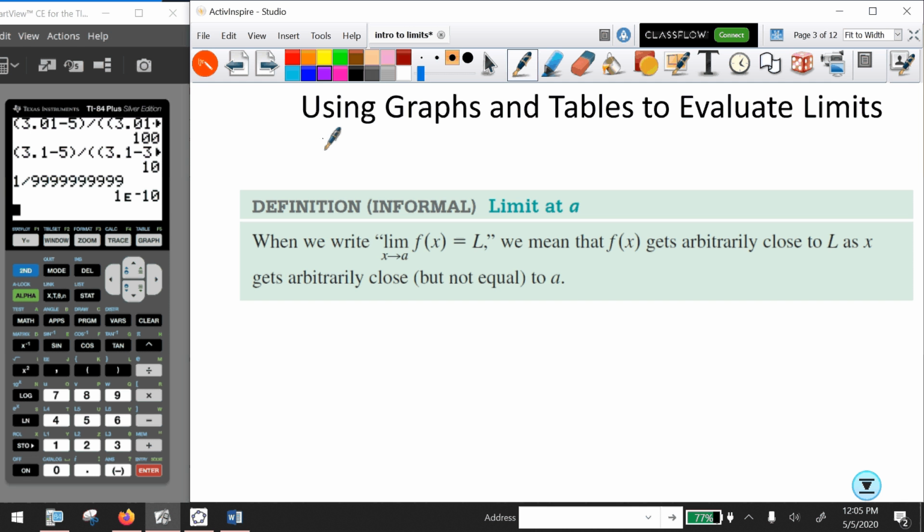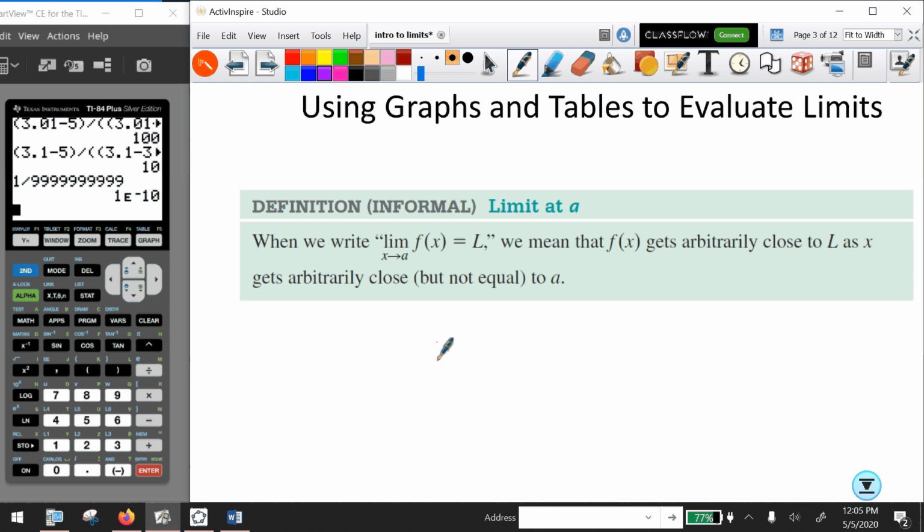When we write the limit of x approaching a for the function f of x is equal to L, we mean that f of x gets arbitrarily close to L as x gets arbitrarily close to but not equal to a. This is a pretty informal definition of a limit, and we've actually kind of used limits all year when we describe the end behavior of functions.